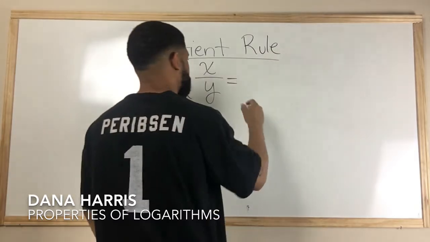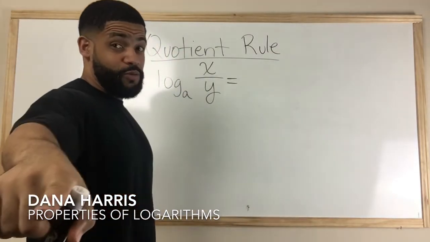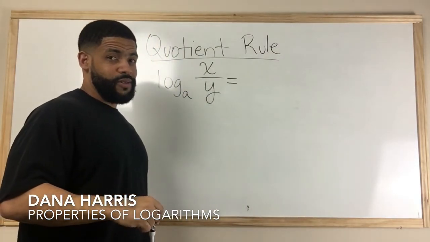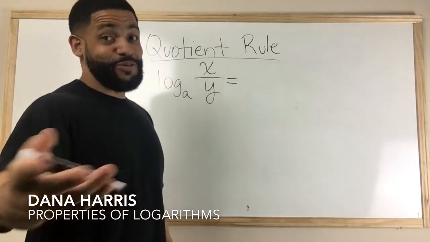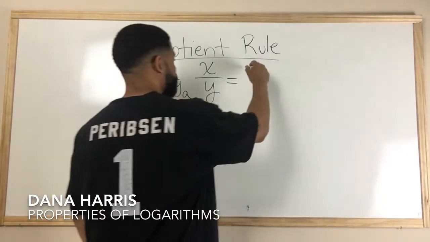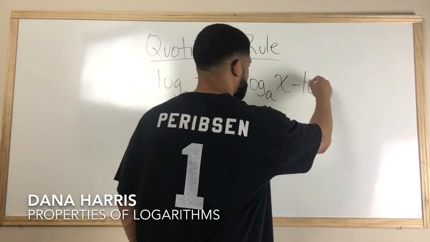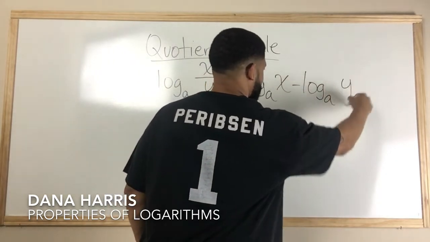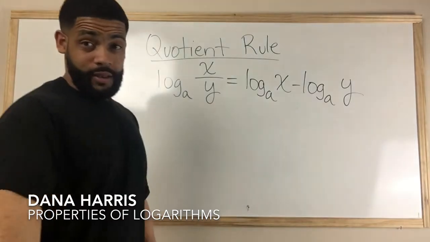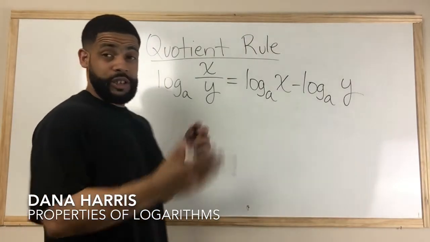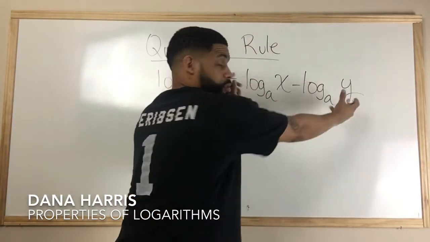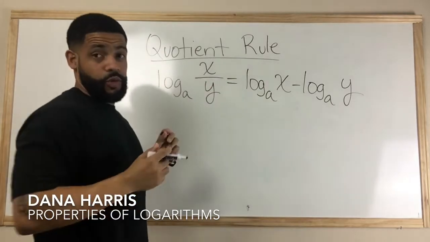Then we can take this, and if we add with the product rule, you guessed it, we're going to subtract with the quotient rule. So I have the log base A of x minus the log base A of y, okay? So once again, I can go from the subtraction to the division as well, okay?